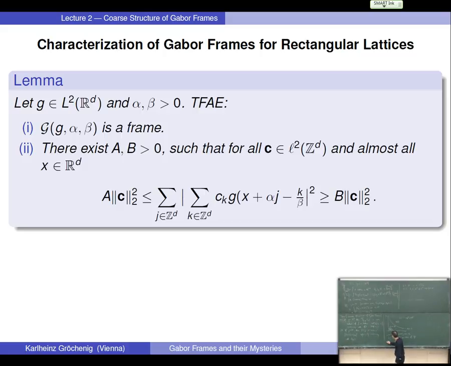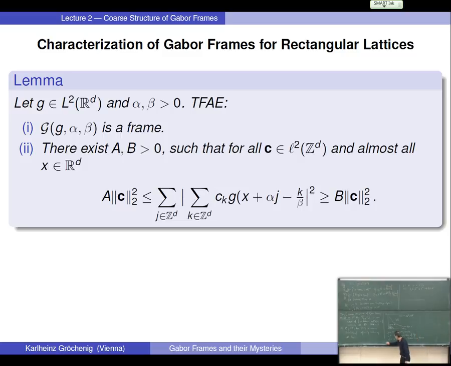The fact that the hyperbola alpha beta equal 1 is excluded is known as the Balian-Low theorem. It actually goes back to physicists, and there's a whole industry in mathematics investigating all sorts of variations of the Balian-Low theorem.